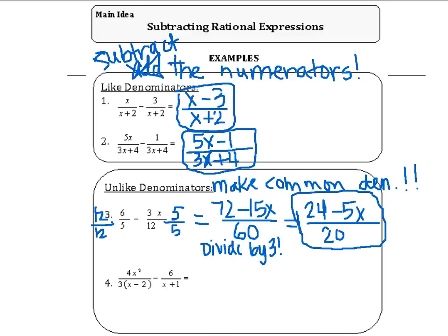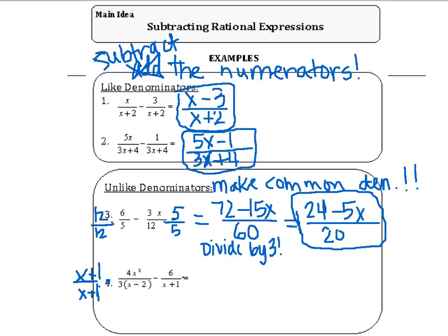Looking at this next problem here, 3 times the quantity x minus 2, and this has x plus 1. So this doesn't have the x plus 1, and this doesn't have the 3 times x minus 2. So we need to multiply the top and bottom of the left side by x plus 1. So x plus 1 over x plus 1.